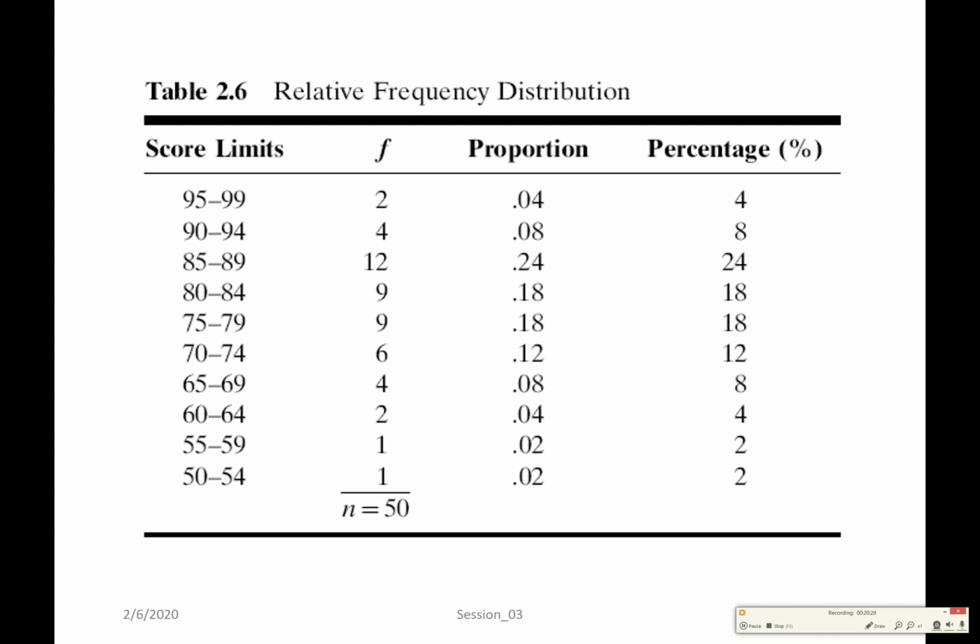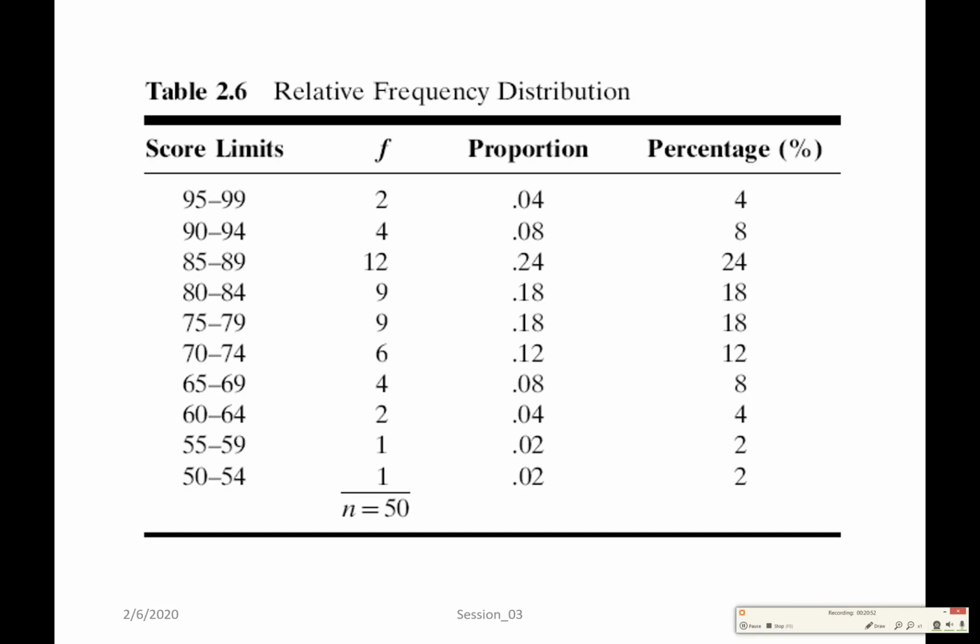The next step you can do is add what we call a proportion column and a percentage. A proportion is the frequency divided by the total. So 1 over 50 is 0.02, 2 over 50 is 0.04, and so on.